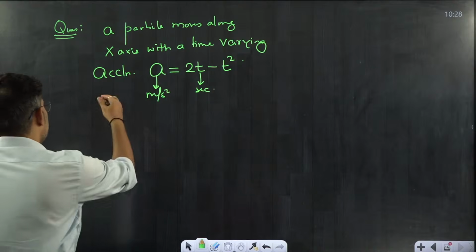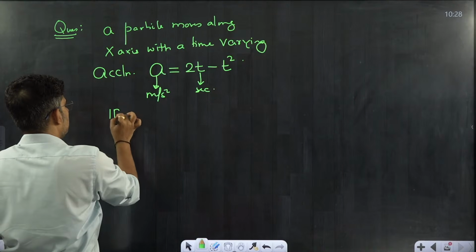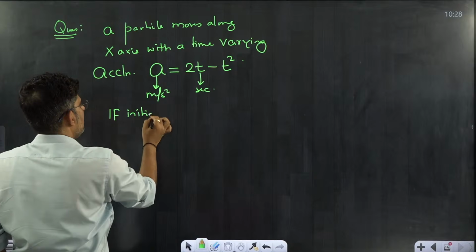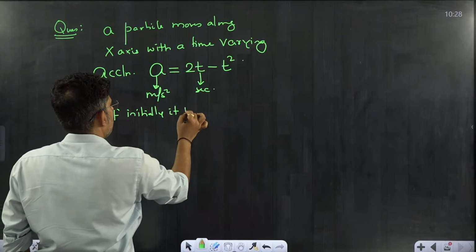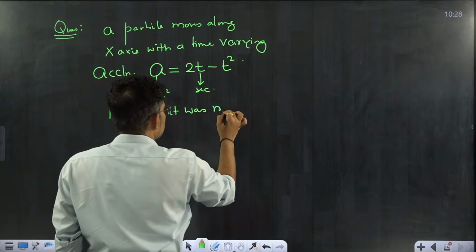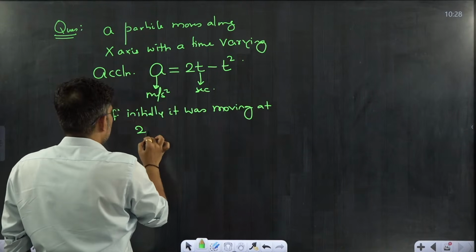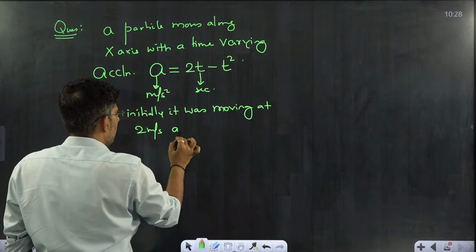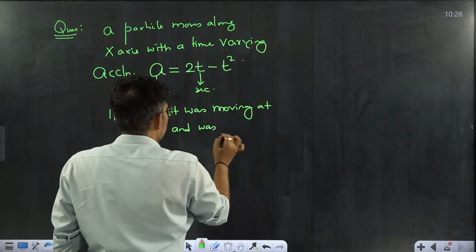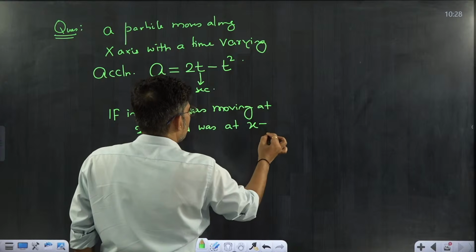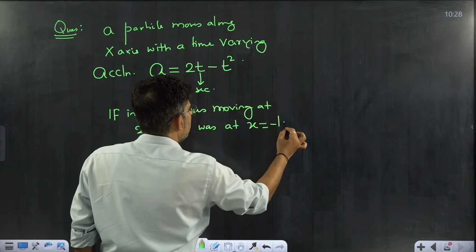In the question they have mentioned some conditions. Initially it was moving at 2 meters per second and was at x equals minus 1 meter.